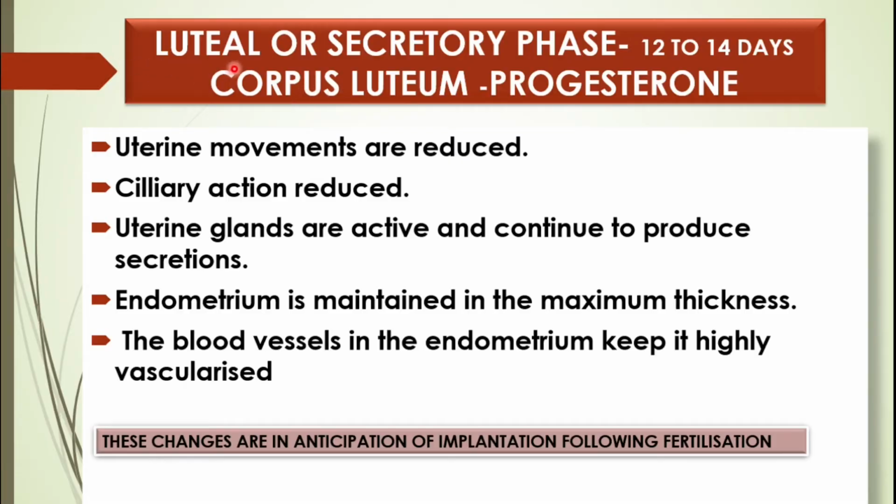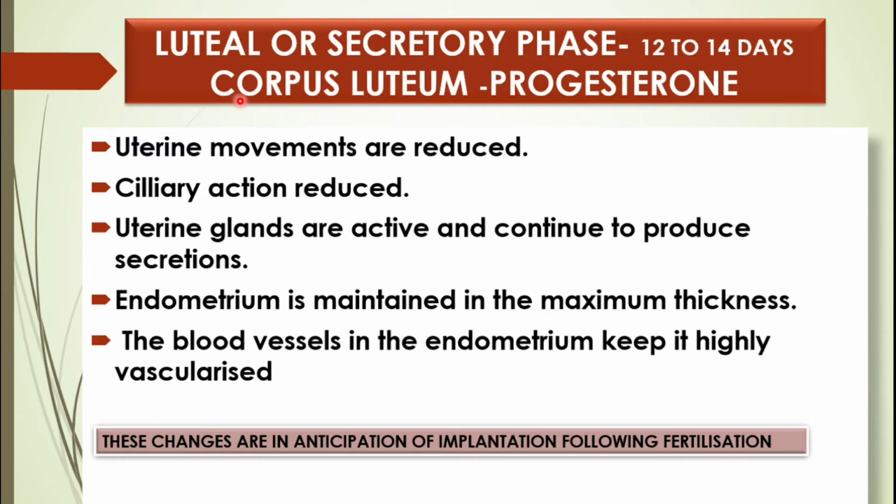Let us now see what are the changes that are observed during the luteal phase. The luteal phase lasts for 12 to 14 days. Once the secondary oocyte is released from the Graafian follicle, the Graafian follicle converts itself to another structure which is endocrine in nature called the corpus luteum.